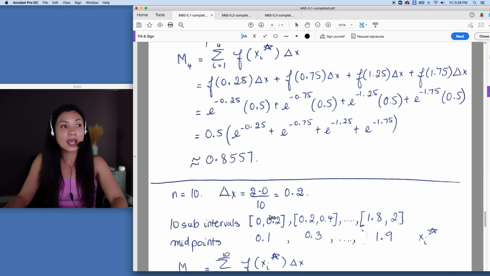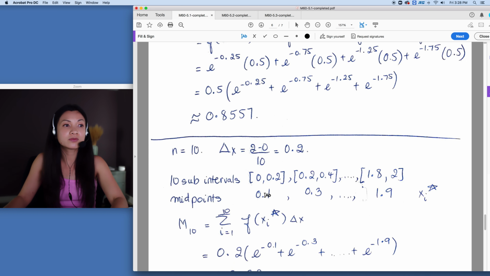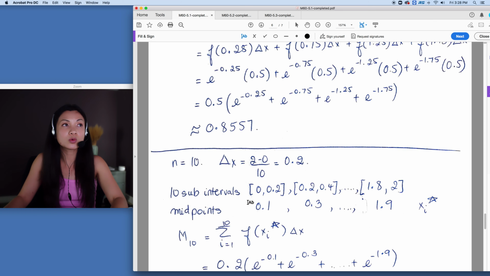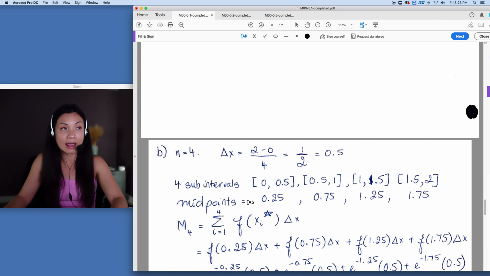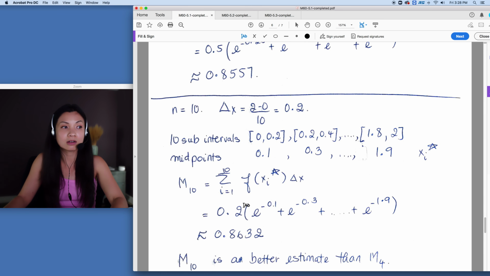If I use n equals 10, the delta x is going to be 0.2 this time, and then I have 10 subintervals. I'm using the same idea, using the midpoint here. And then I plug it in, because we have the general one from part A, so I just use it right here.